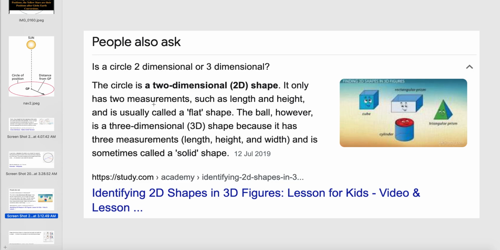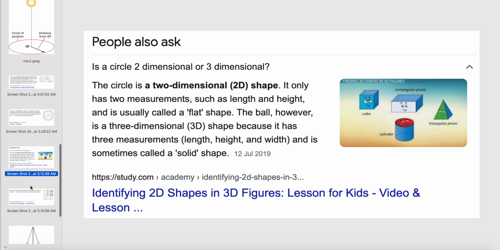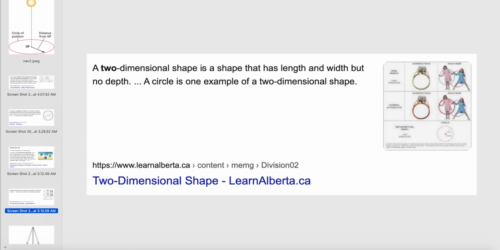It only has two measurements, such as length and height, and is usually called a flat shape. The ball, however, is a three-dimensional 3D shape because it has three measurements, length, height, and width, and is sometimes called a solid shape. A two-dimensional shape is a shape that has length and width, but no depth. A circle is one example of a two-dimensional shape.